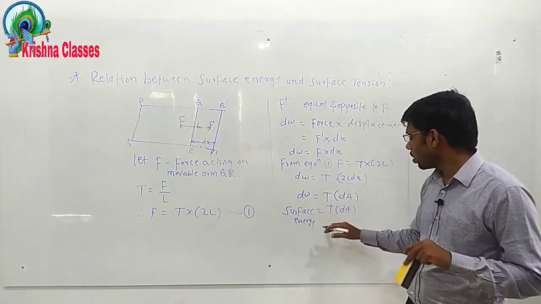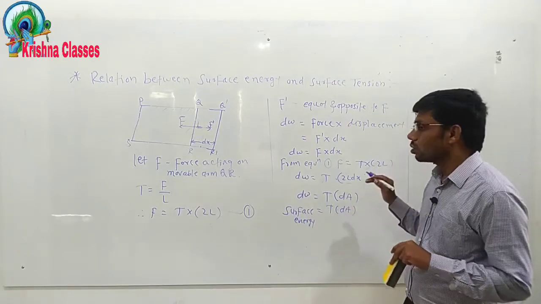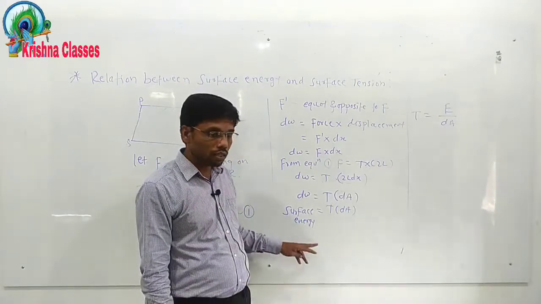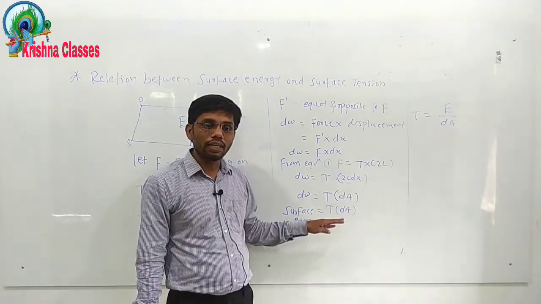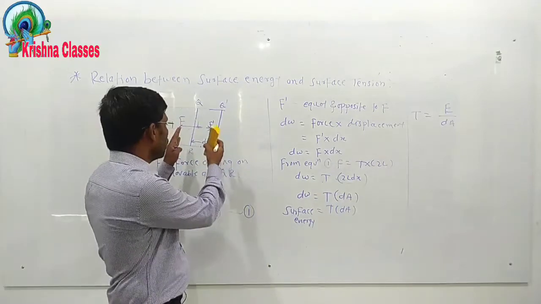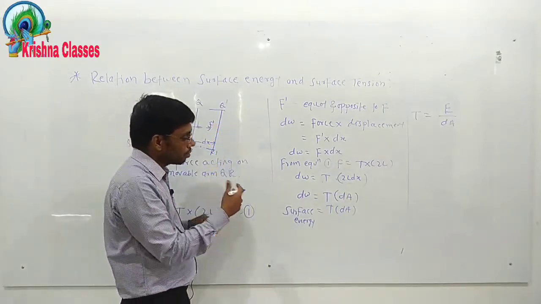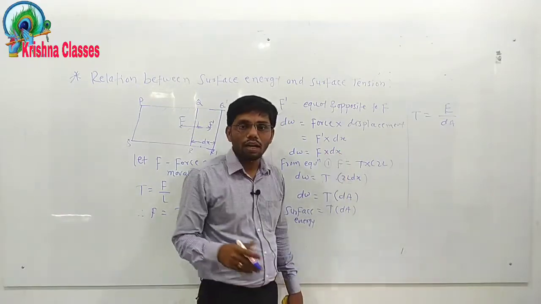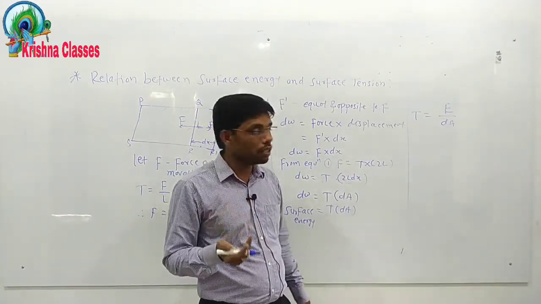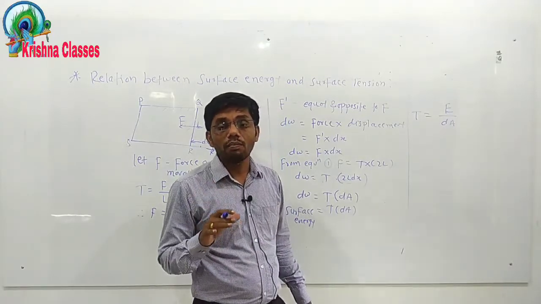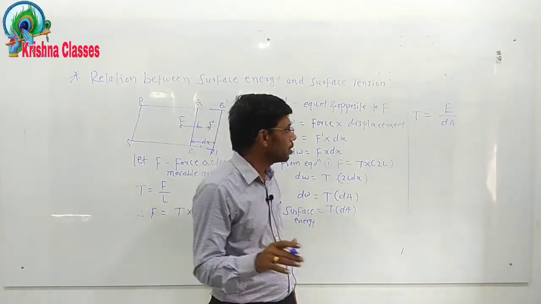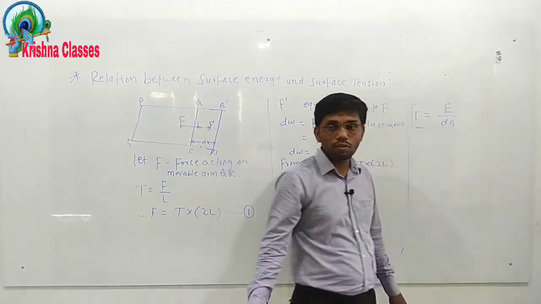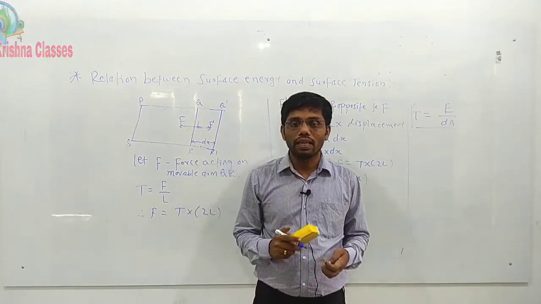So surface energy is equal to T into dA, where dA is the increase in area of this surface film, and that work done is stored in the form of surface energy. From that we can also say that surface tension is equal to the surface energy per unit area.